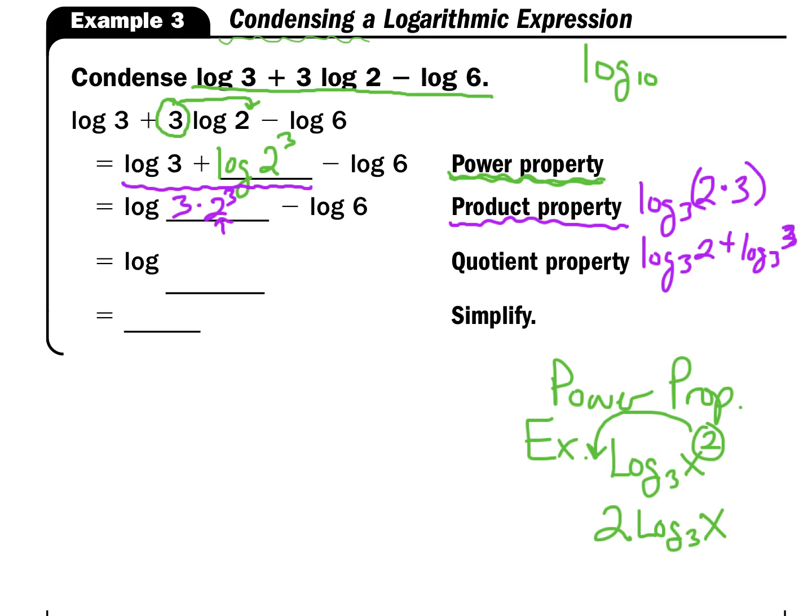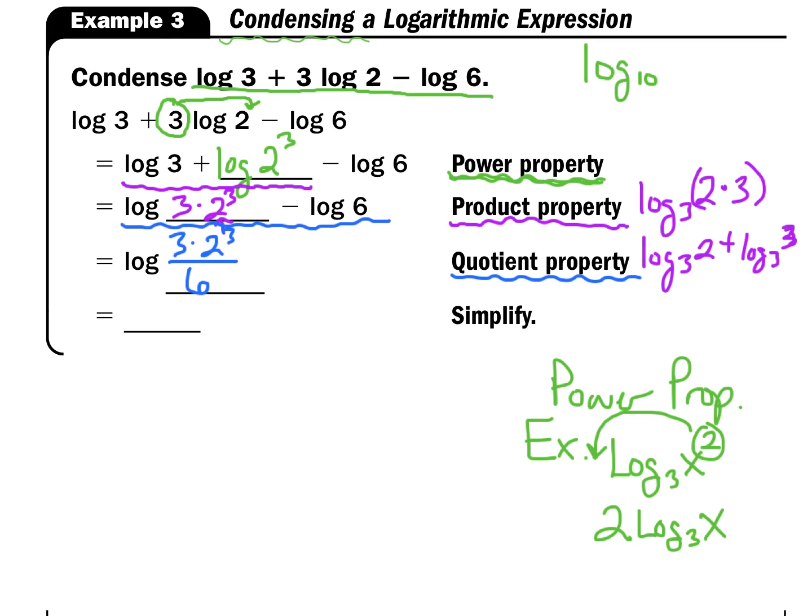All right, and then the last thing I'm going to do is the quotient property. And for that, I look for differences. Well, the only difference that I have is this term, log of 3 times 2 to the third minus log of 6. And remember, instead of the product property, this is the quotient property, so I'm going to divide those terms. So 3 times 2 to the third over 6.